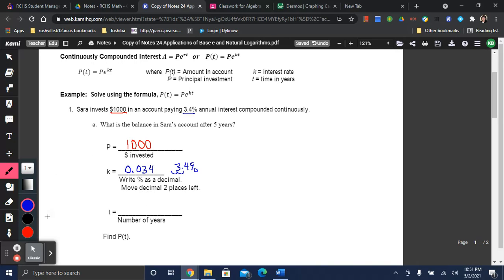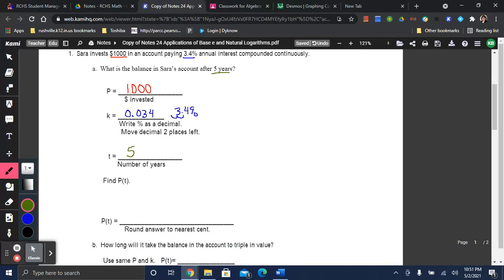And then in this problem, the number of years, what would be the balance after 5 years. So 5 is your number of years. And so we have your formula, P of t, which is what we do not know, is equal to P.